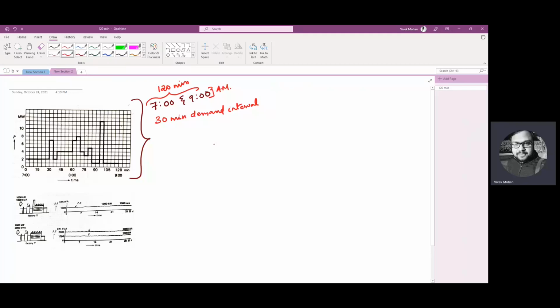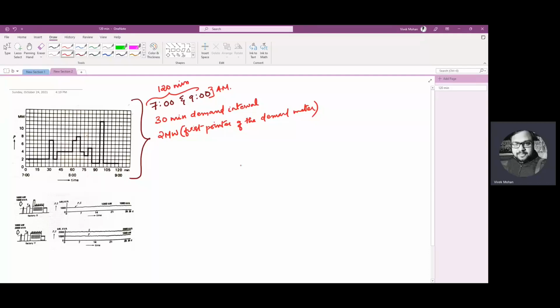Now, let's assume that at 7 a.m. the first pointer of the demand meter reads 2 megawatts. We know that we have two different needles, or two different pointers, for the demand meter.